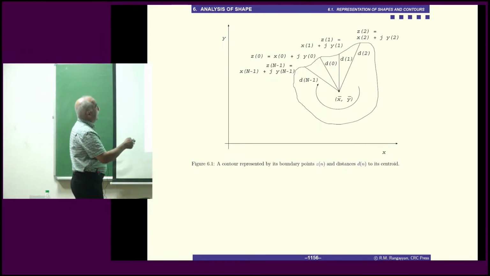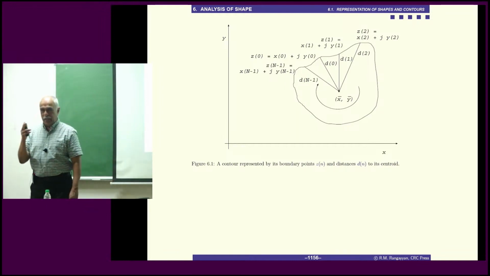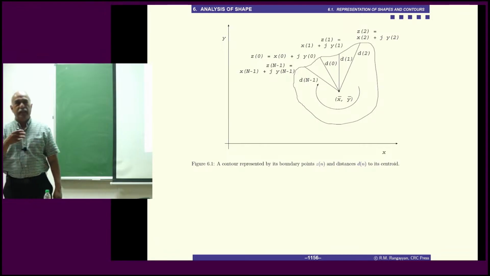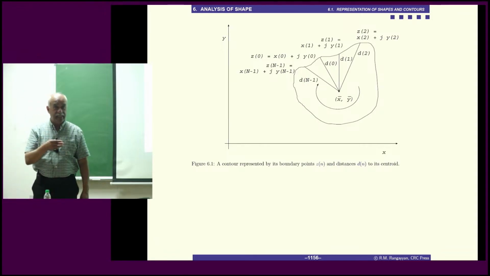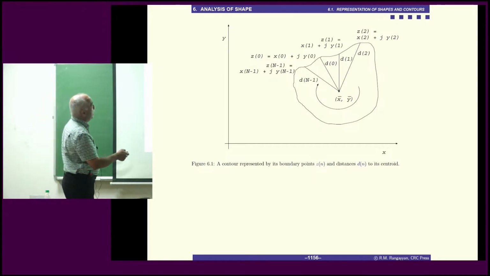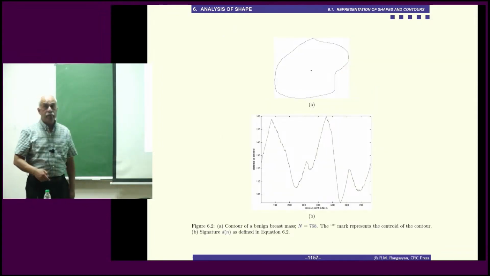Now, z0, z1, z2, they are complex representations of the x and y coordinates put together as a complex variable. That is useful in computing the Fourier series that we will see later.